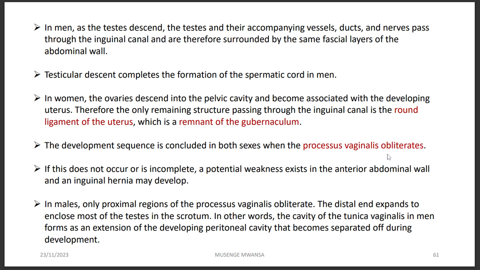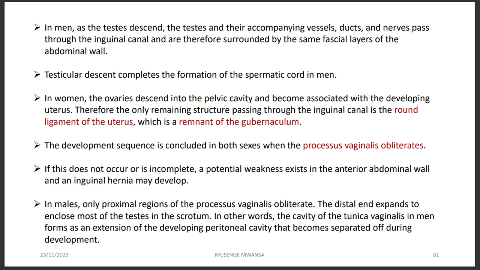Okay. So later on, the processus vaginalis is supposed to obliterate. It's supposed to cease, to vanish. If it does not occur, or if it is incomplete, then there's going to be a potential weakness in the anterior abdominal wall. Remember, this is something that moved through a canal to allow the testis to pass.